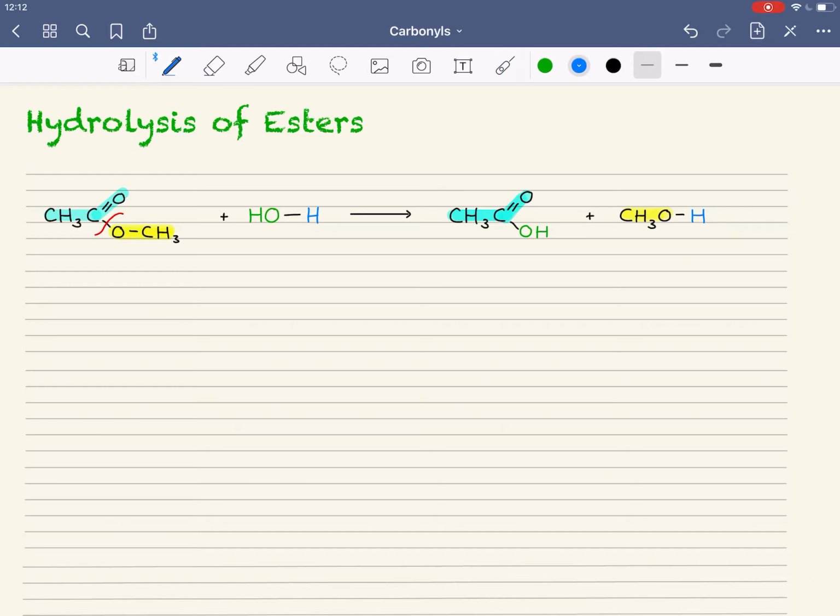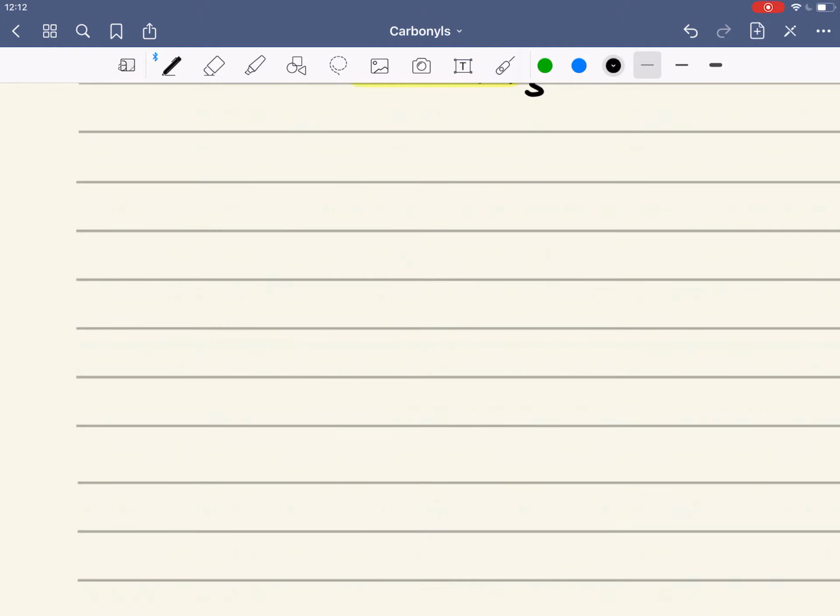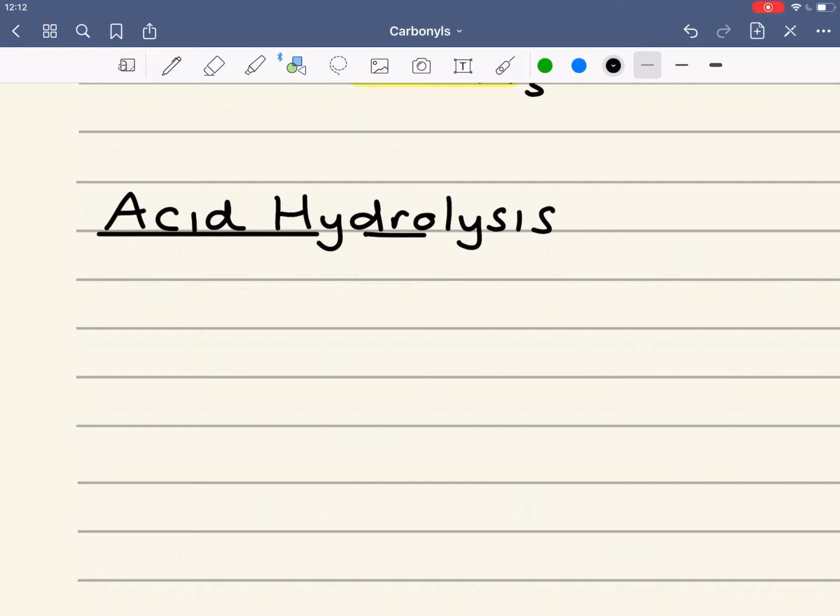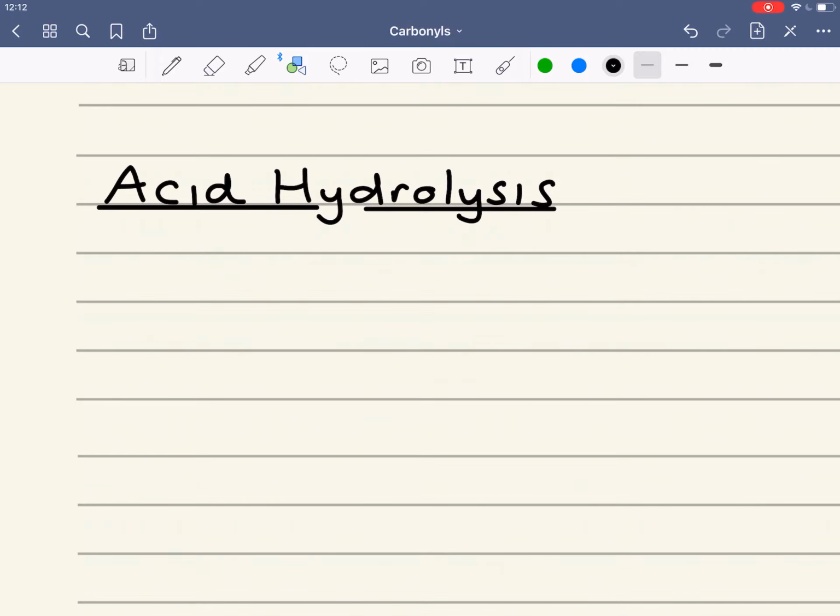Now, ester hydrolysis can be done in two ways. And the first one is acid catalyzed hydrolysis. And the acid we use is either dilute sulfuric acid or dilute hydrochloric acid. It's going to be a strong acid. So let's have a look at an example.